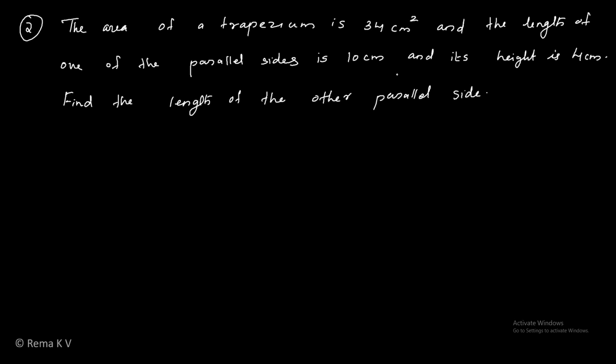Let us denote area by capital A. Area of a trapezium is A is equal to half h into A plus B. You have to write what are given here.